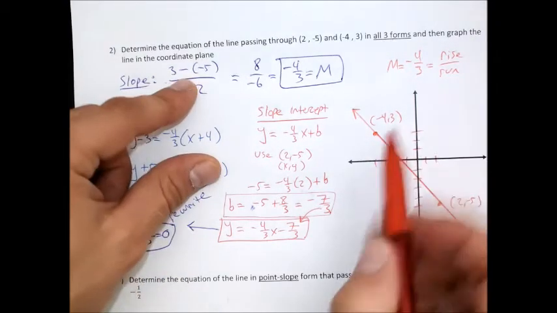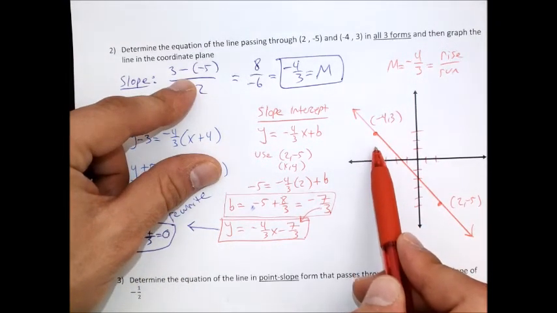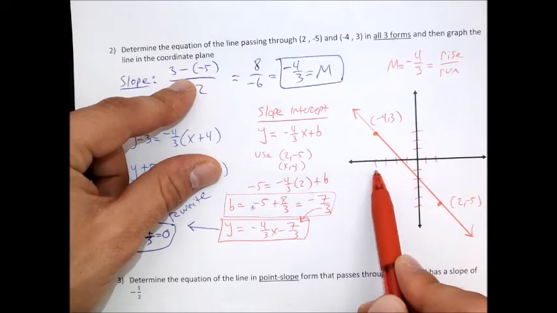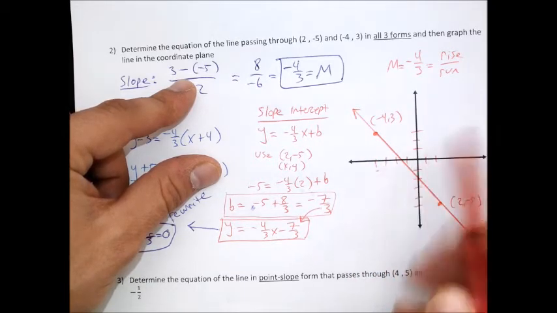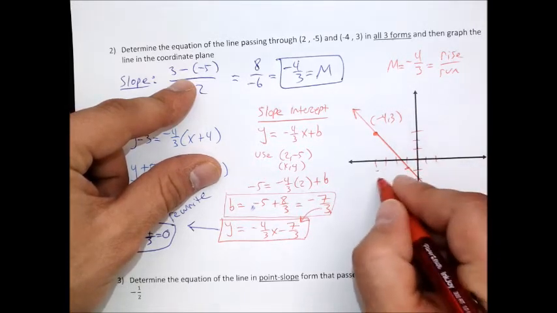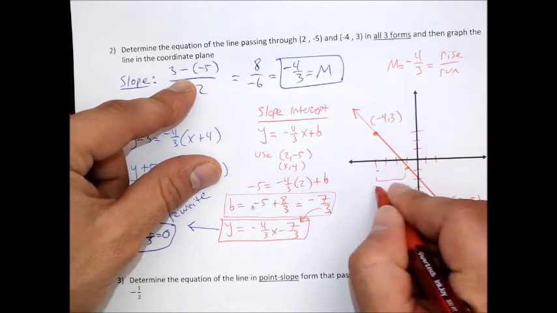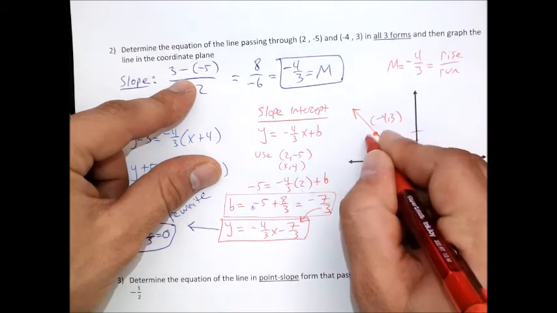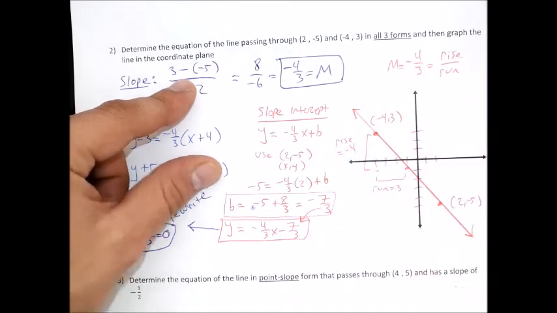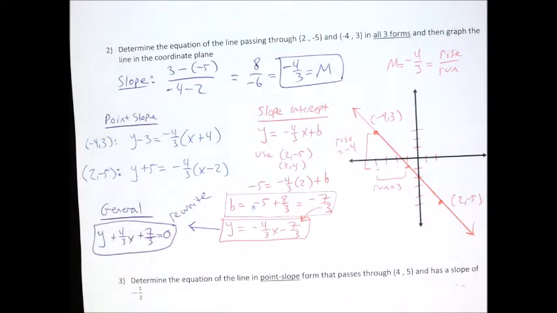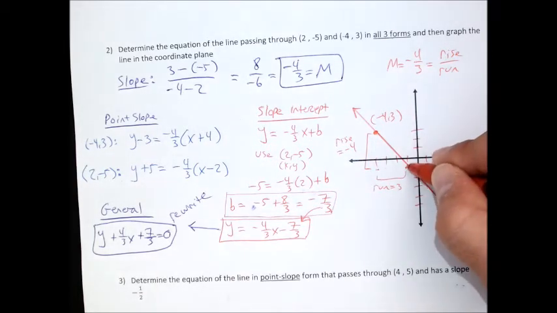So this would be going down 4, 1, 2, 3, 4, and then run 3, 1, 2, 3 would put us right on this line. So our rise over run also gives us that. If you have 1 point, you can just count the slope off. That'll give you a second point, and then you connect the dots that way.